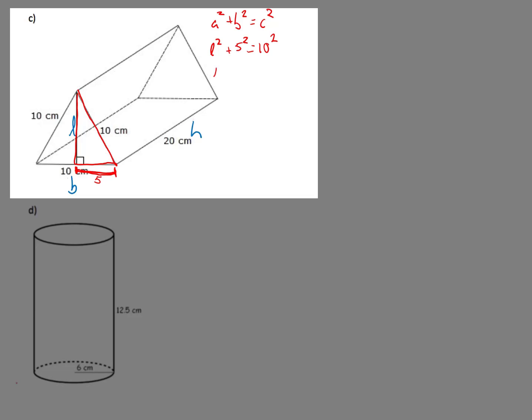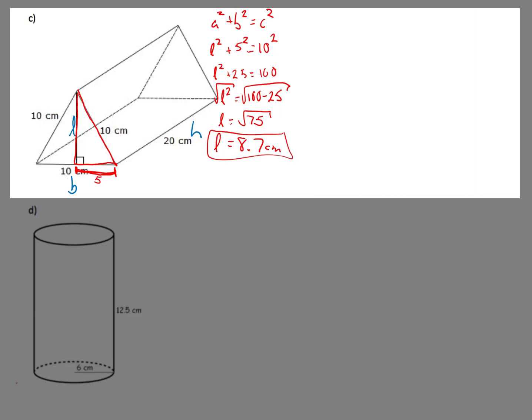So L squared plus 25 equals 100. L squared equals 100 minus 25. Then we square root both sides. L equals square root of 75. We're going to round to one decimal place to keep things simple: 8.7 centimeters.